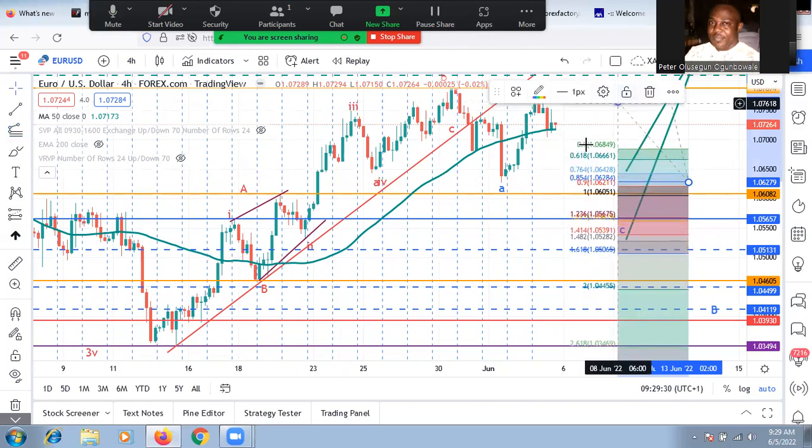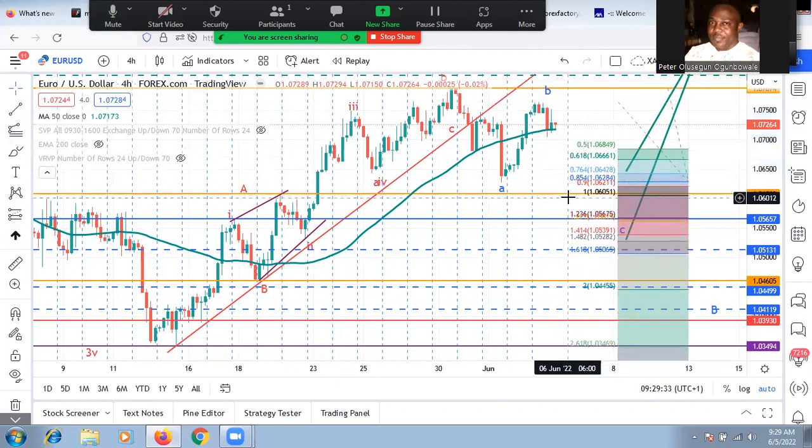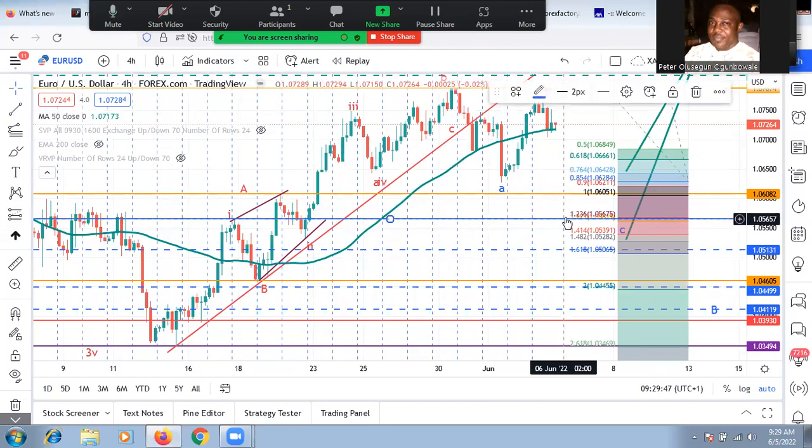Now, the 100 of this will be here, which is around this area, which is 100. And the 123 of this will be here, which is most likely the level, or let's say 120, which is around 50 here. So 50 will be the level.